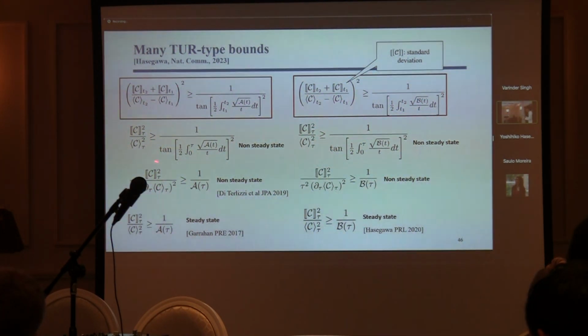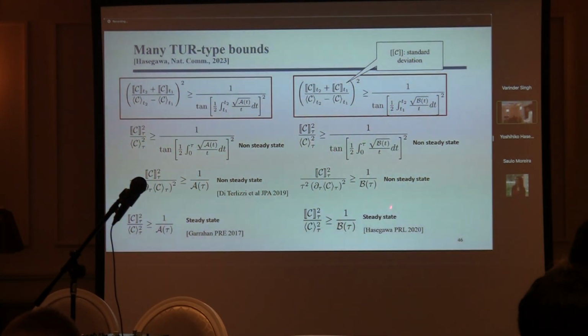So this quantity is very difficult to observe experimentally. And this inequality is obtained by this one, and this holds for the non-steady state case. But we see that the left-hand side can be represented by a scaled variance. This part, this double square bracket, denotes standard deviation.